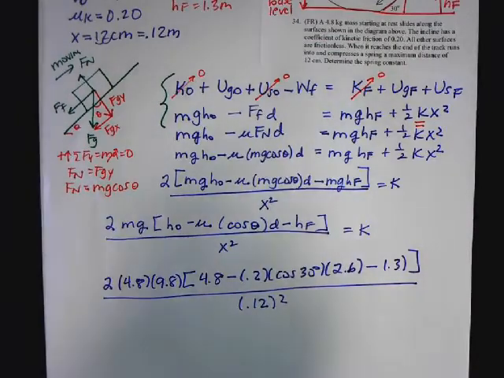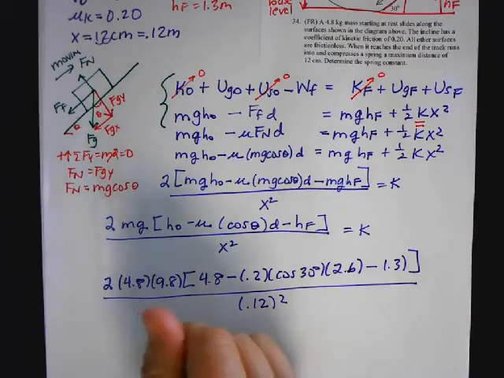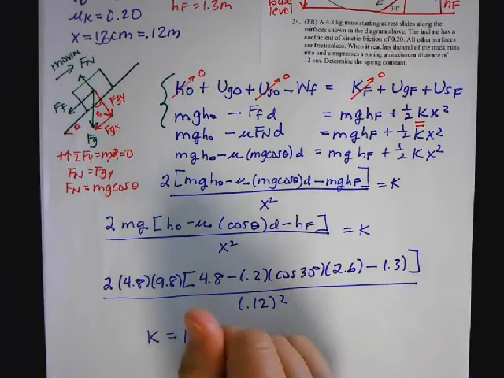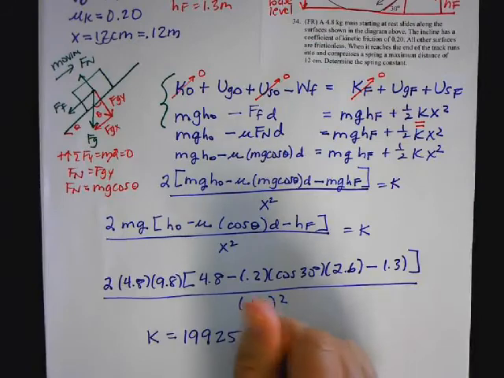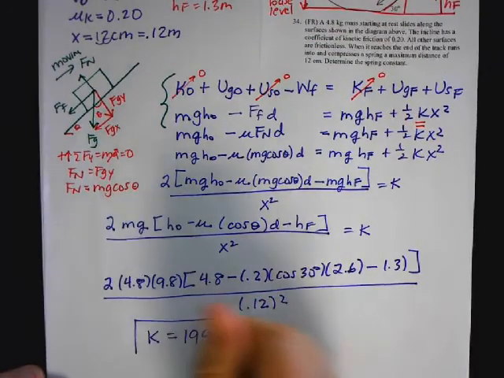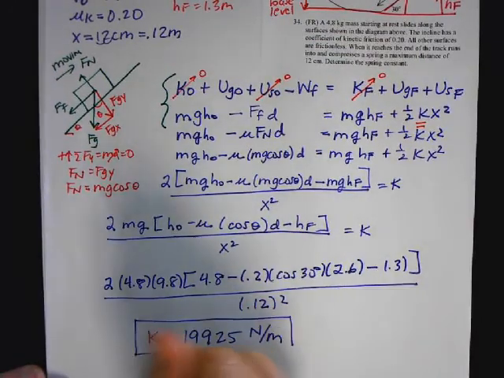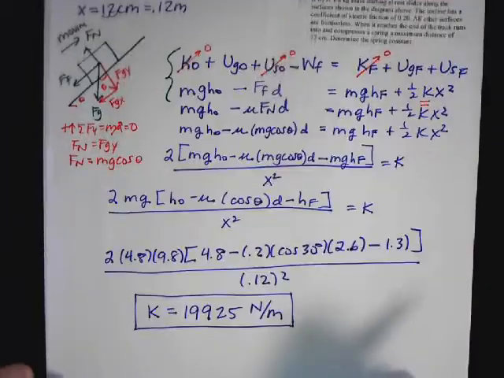When you do algebra on your calculator, that's how you make mistakes. So when I do all this, K comes out to be 19925 newtons per meter.